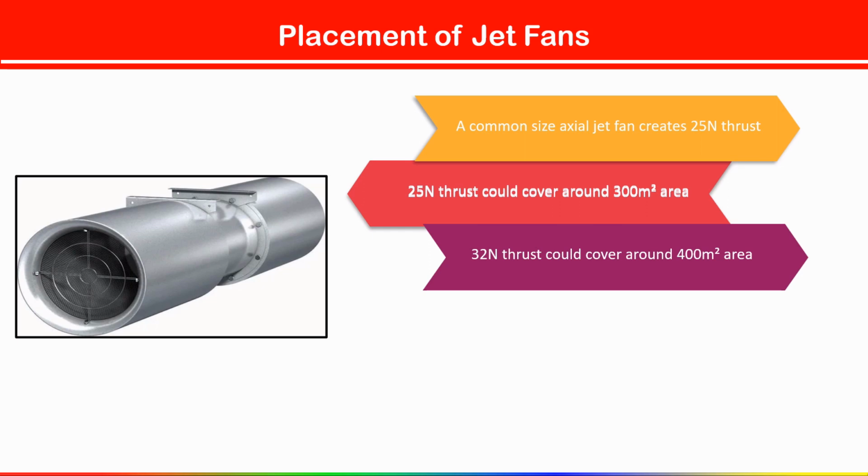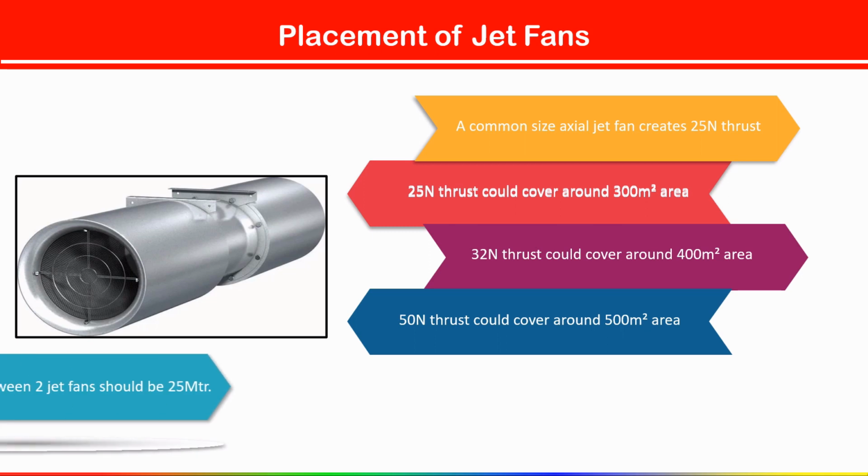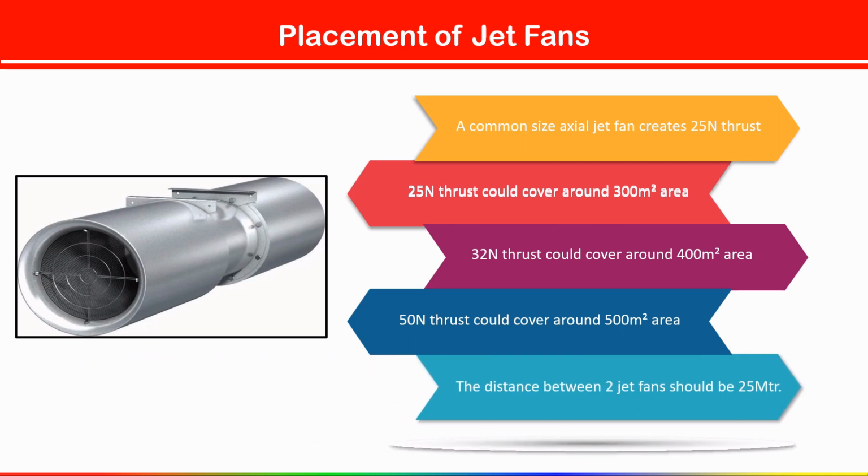This is very important during the placement of the jet fan. Now if you have selected a 50 Newton thrust jet fan, it could cover around 500 square meter area. One jet fan can cover 500 square meter area. Now the distance between two jet fans, how much do we have to maintain? 25 meter.